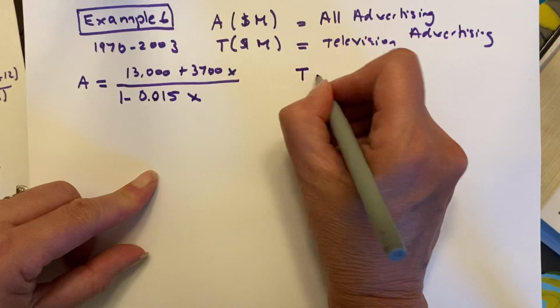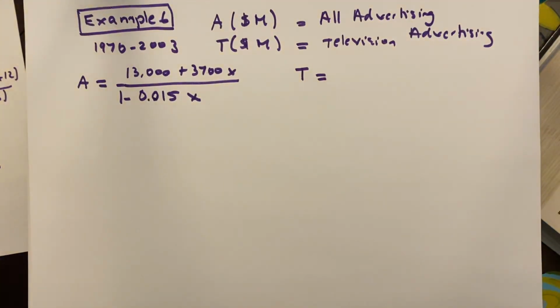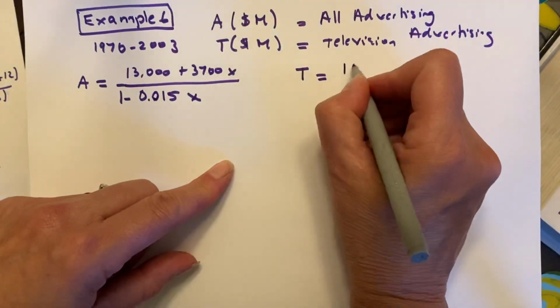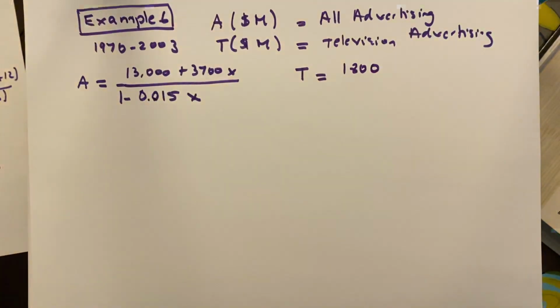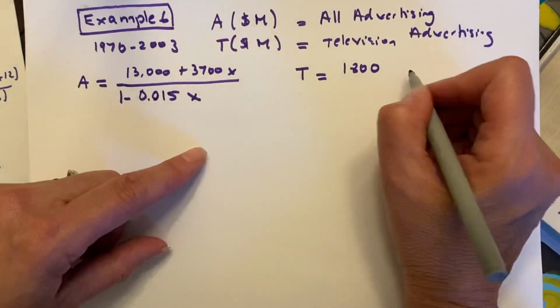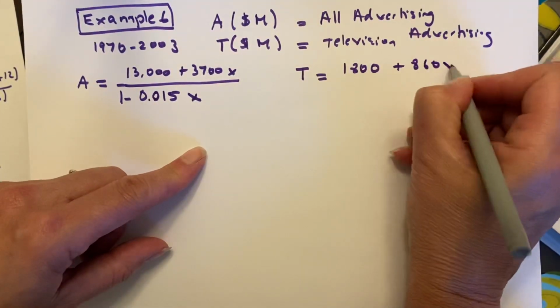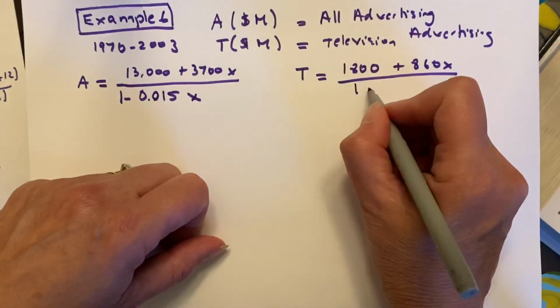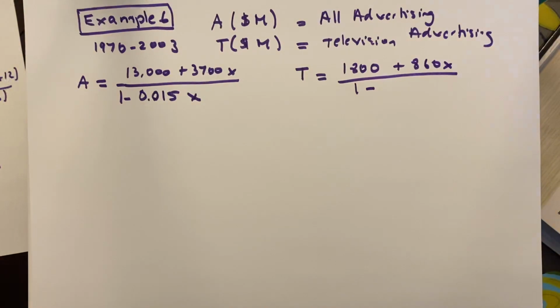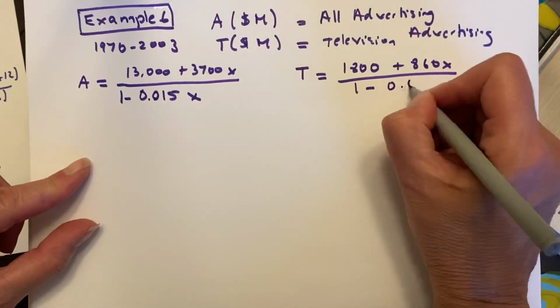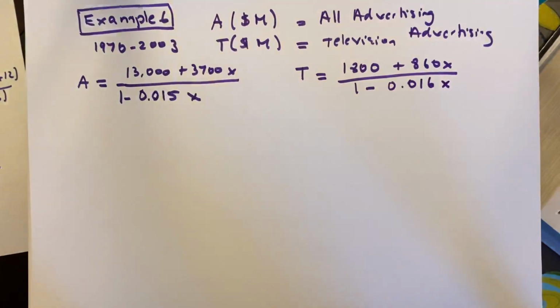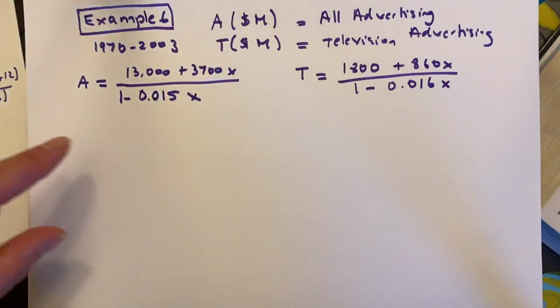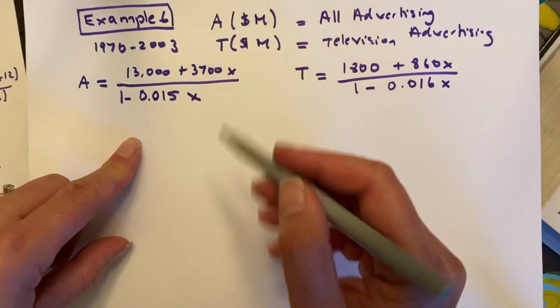And T equals, in other words, just the television advertising, is 1,800 plus 860x over 1 minus 0.016x.